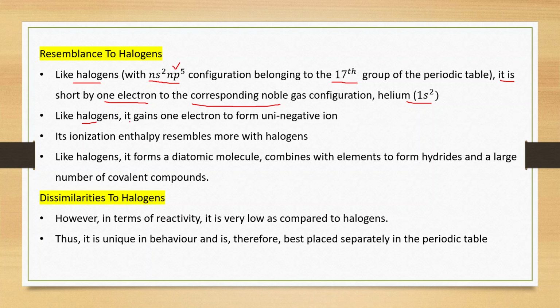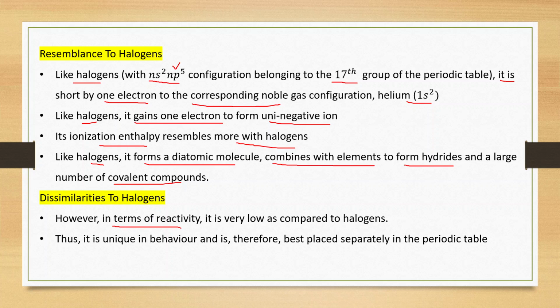Like halogens, it gains one electron to form a uninegative ion. Its ionization enthalpy resembles more that of halogens. Like halogens, it forms a diatomic molecule, combines with elements to form hydrides, and forms a large number of covalent compounds. But in some of its properties, it shows dissimilarities to halogens.